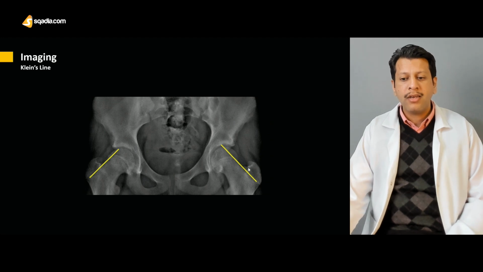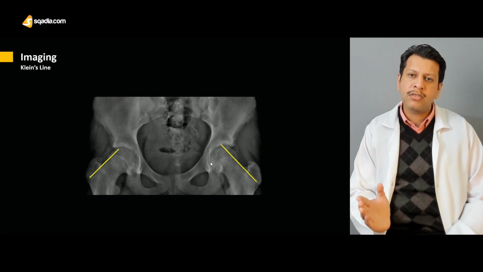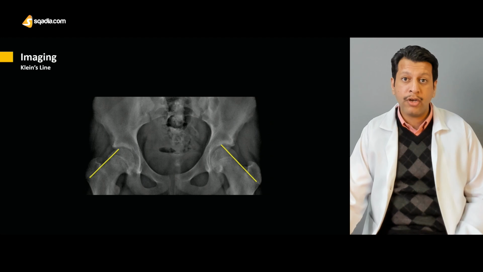What is Klein's line? This is the normal side. If you see it over here, this line, which is on the outer border of the neck of the femur, should pass through the lateral 1/3 of the head of the femur. Usually 2/3 is medial to it and 1/3 is lateral to it. This is a normal orientation.